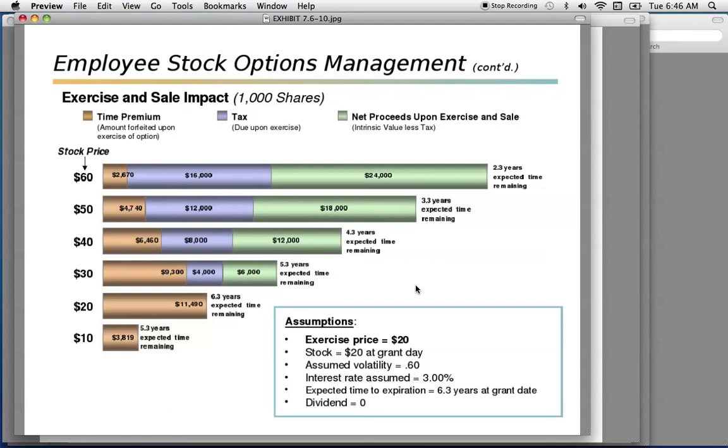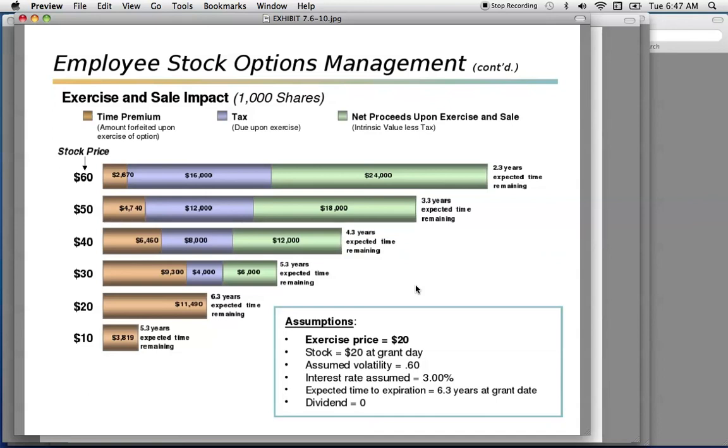Now, again, we've looked at the concepts by looking at the components of the employee stock options, that is, time premium and intrinsic value, and how they change over time and as the stock moves around. The only efficient way to manage these things is to try to reduce the risk when it is greatest.